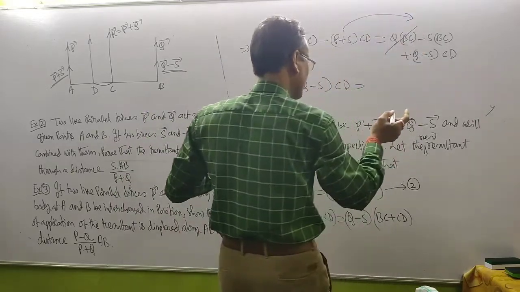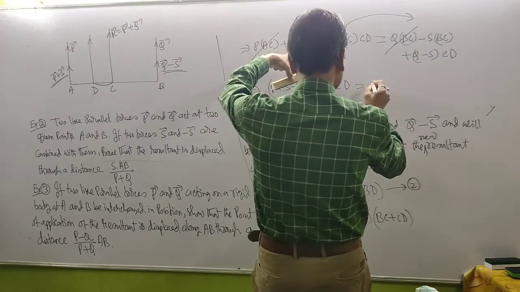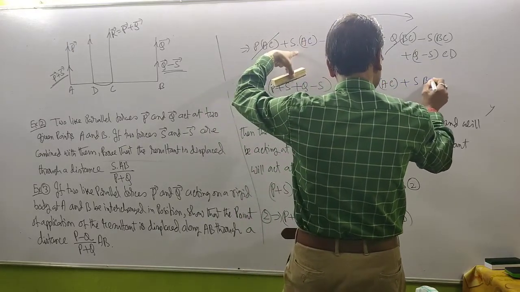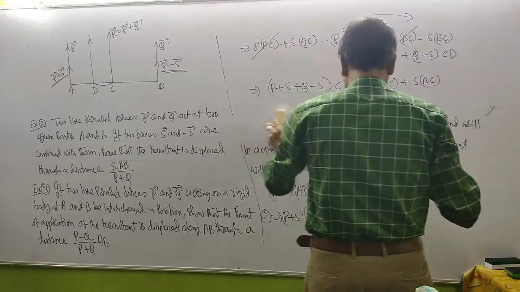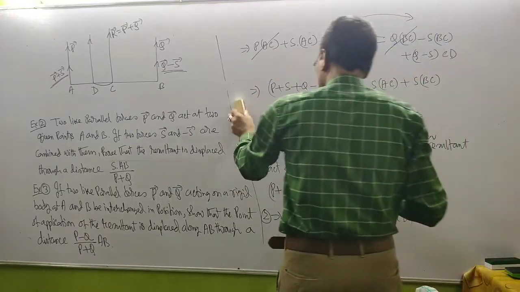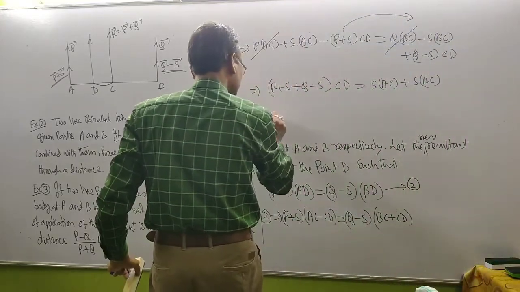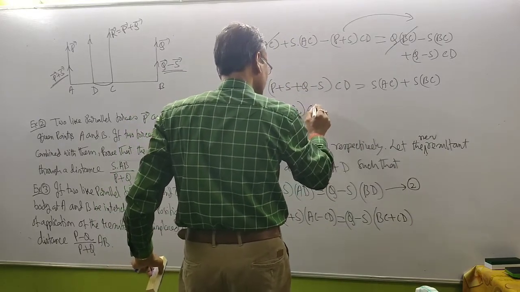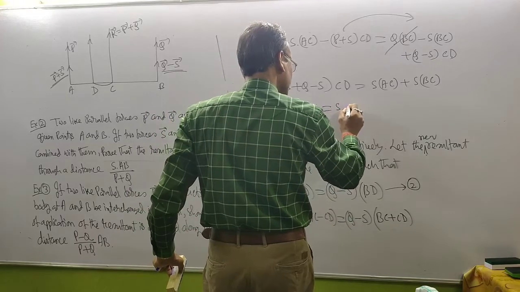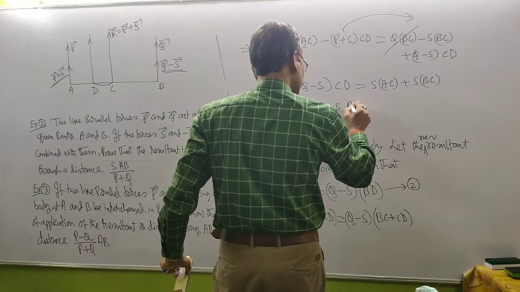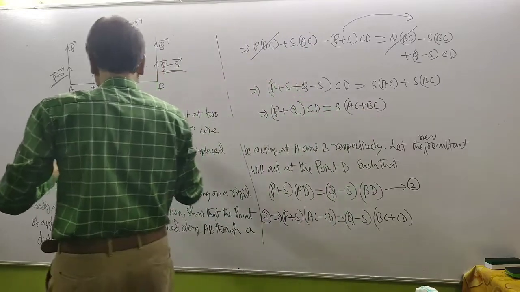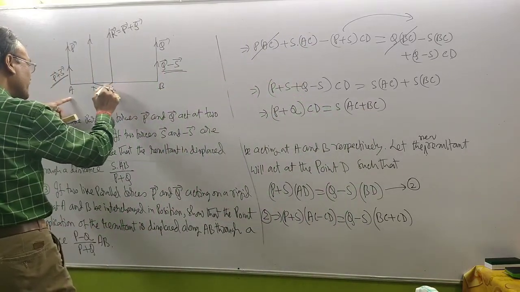Take this term to the right hand side, and then you may write S into AC plus S into BC, S into AC plus BC, or AC plus CB.